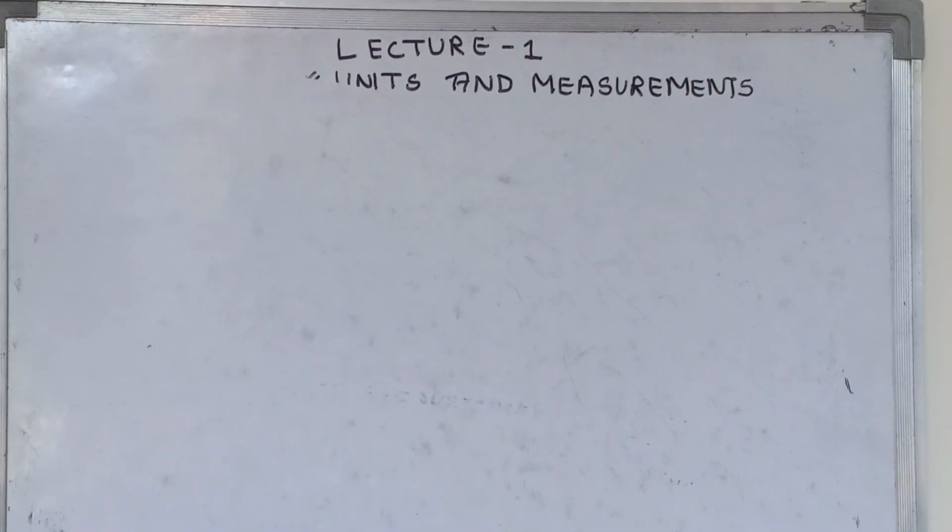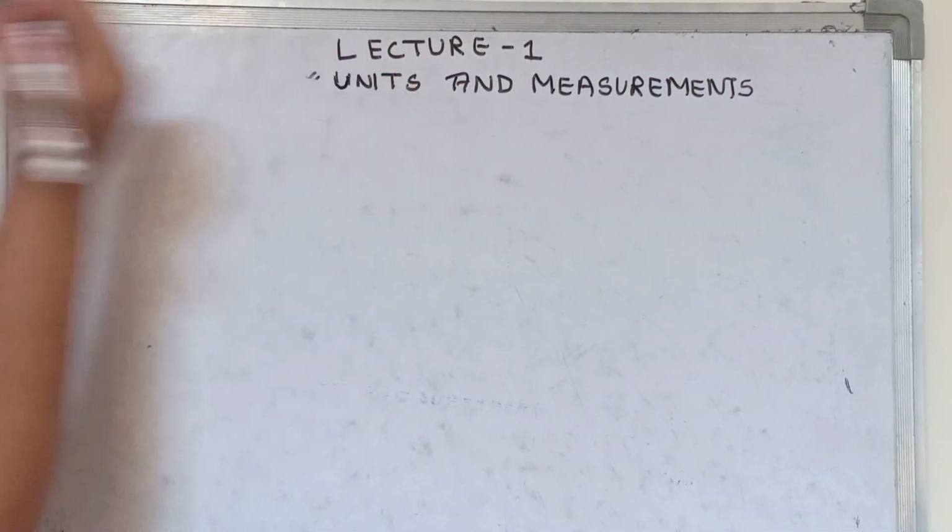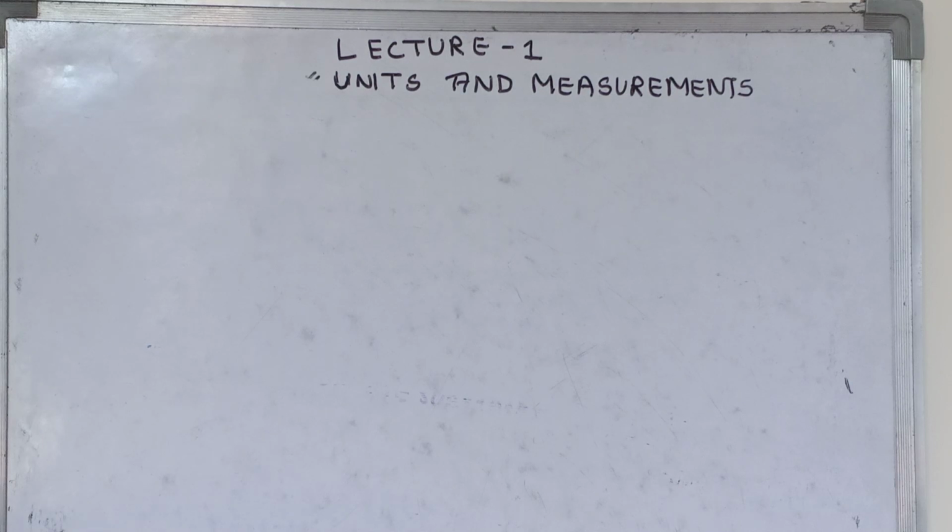The next thing is how to make a measurement of a physical quantity. What is the basic formula with which we can make a measurement? Generalized formula, otherwise we use different formulae for different physical quantities.